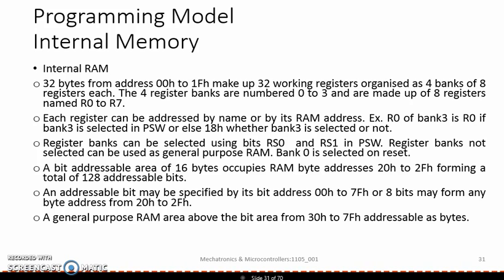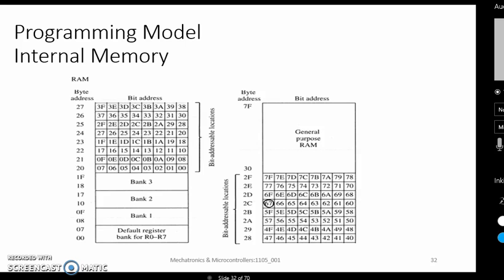An addressable bit can be specified by its bit address from 00H to 7FH, or 8 bits may form any byte address from 20H to 2FH. The general purpose RAM area above the bit area, from 30H to 7FH, is addressed as bytes.